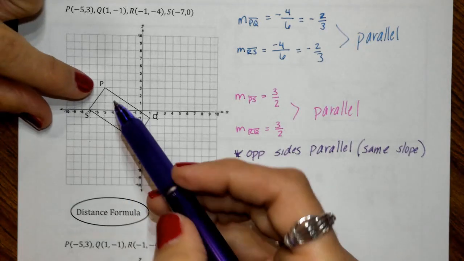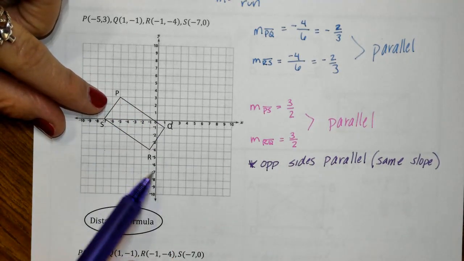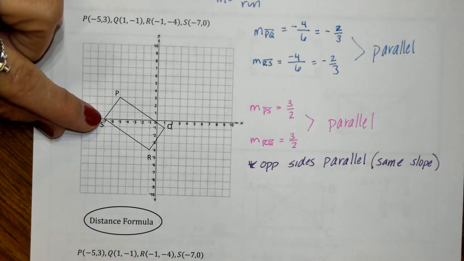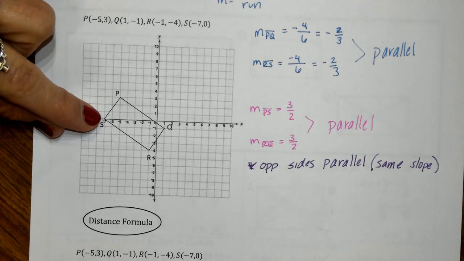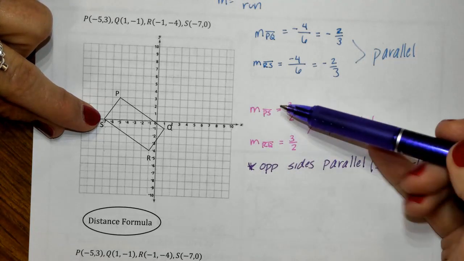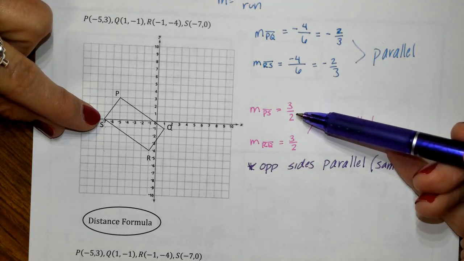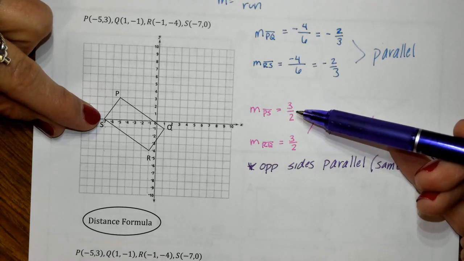So what that means is segment PS right here and segment SR are going to have opposite reciprocal slopes for that to be a 90-degree angle, meaning we have to take this slope of PS, the 3/2, and, especially my third period loves this, change the sign and flip that fraction.